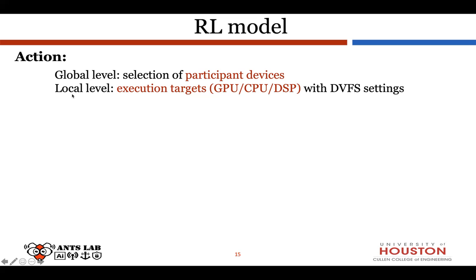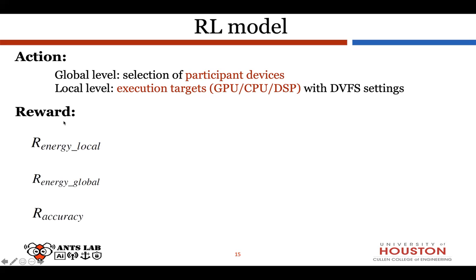And the second is the local level, where we need to choose the execution targets, either the GPU, CPU, or DSP. And also, if we choose the CPU or GPU, we can further consider the DVFS settings.